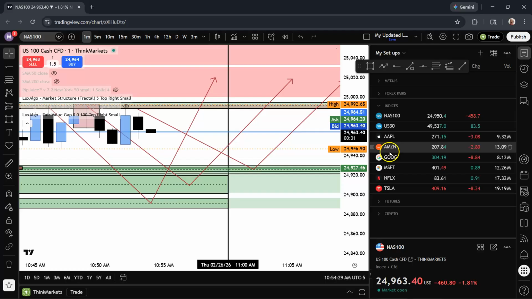Okay, these are the top companies that are part of the 100 listed companies in NAS 100.